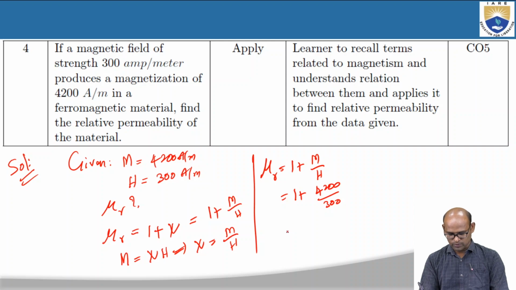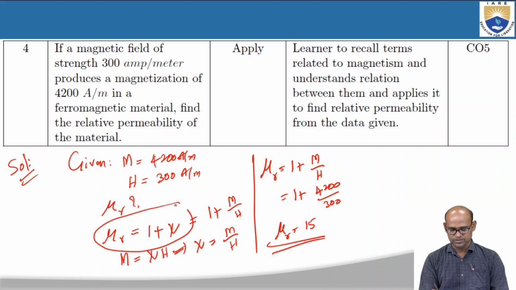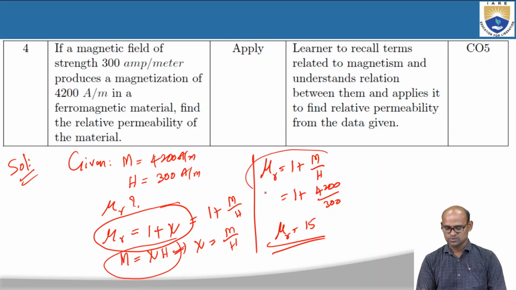So the value of mu r is 50. Okay. So again we have used this equation mu r is equal to 1 plus chi and M is equal to chi into H. So this equation we have been using in most of the problems, right?